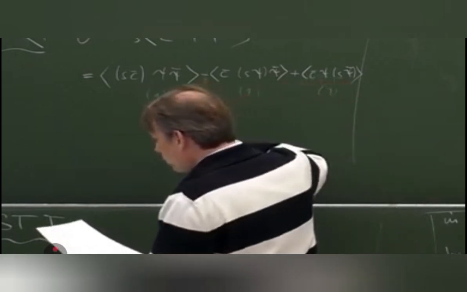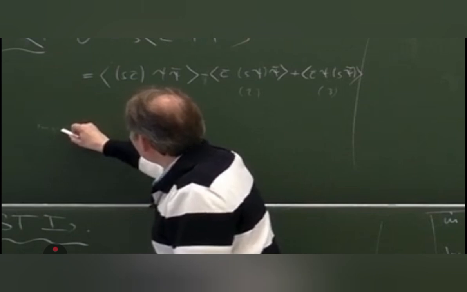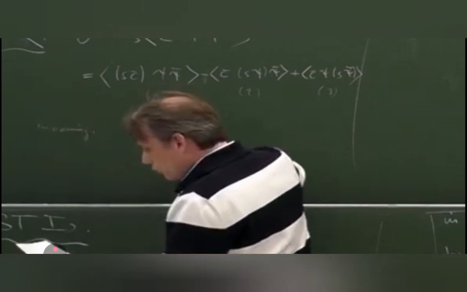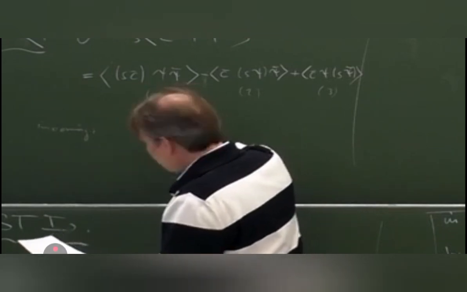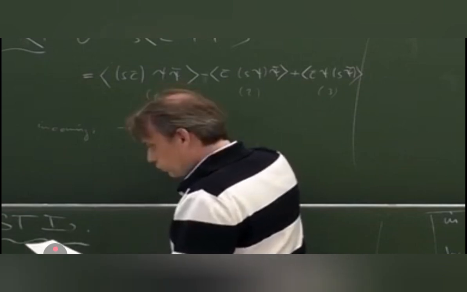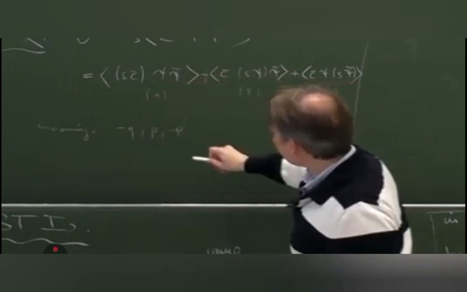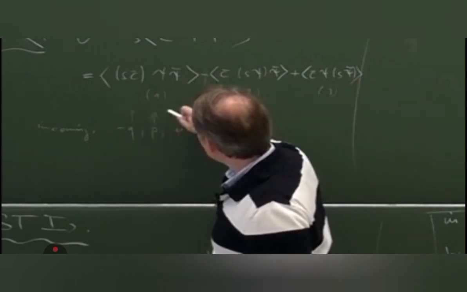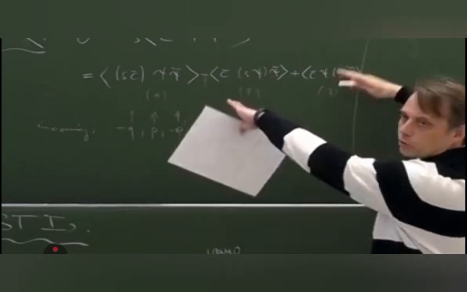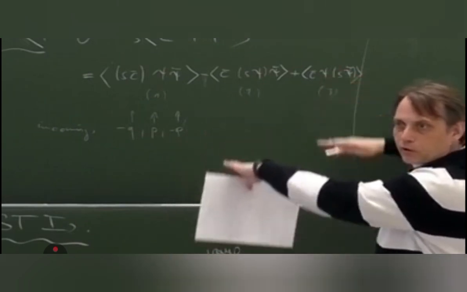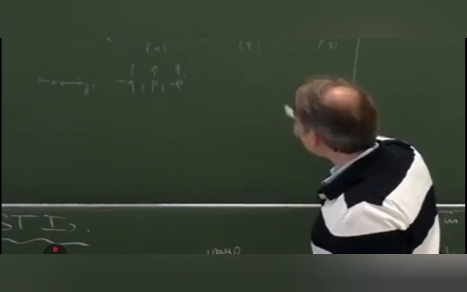Let's say we assign the following incoming momenta: minus q, then p and minus p prime into these field operators. And this is true for all the 3 Green functions, because of course we do a uniform Fourier transformation of the entire equation. So here, here and here the same momenta must be incoming. Good, then let us discuss what this means.